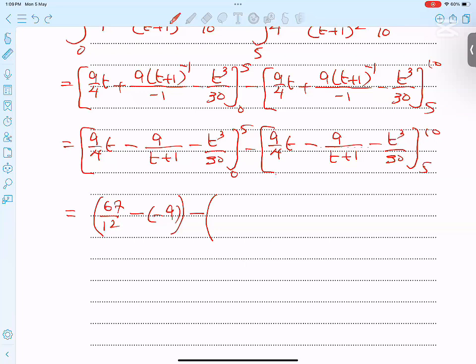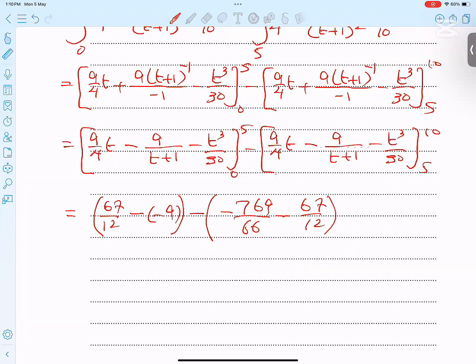And I got here negative 769 over 66. And when I plug in 5 in the place, I will get the whole thing once again, but I'm writing it in a bracket like this. Wait, let me check once again. No, when I plug in 5, I will get this part only, so 67 over 12. I'm saving my time.